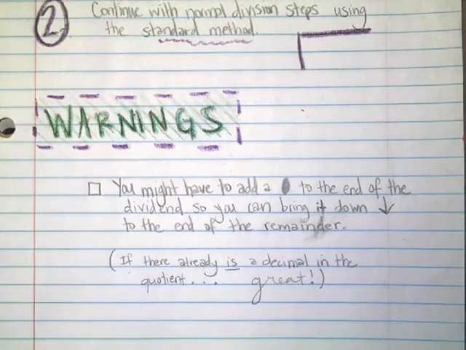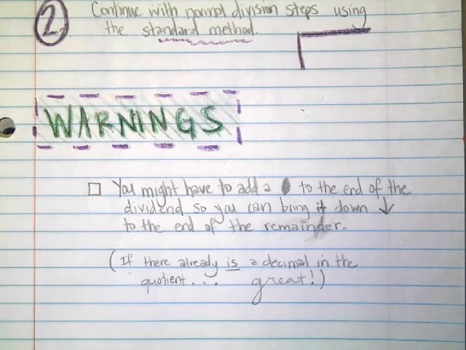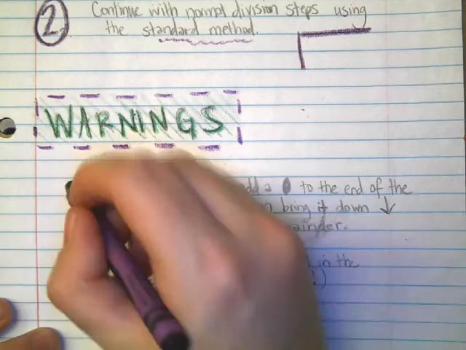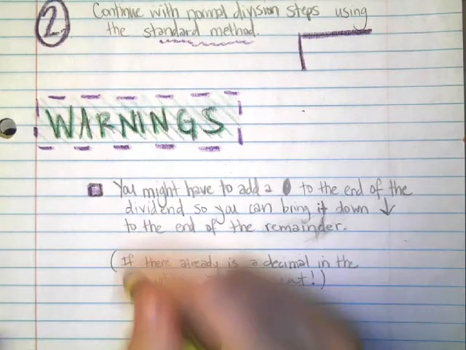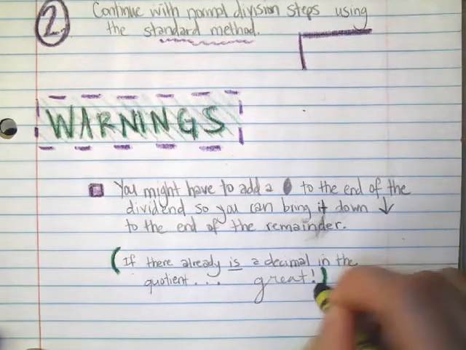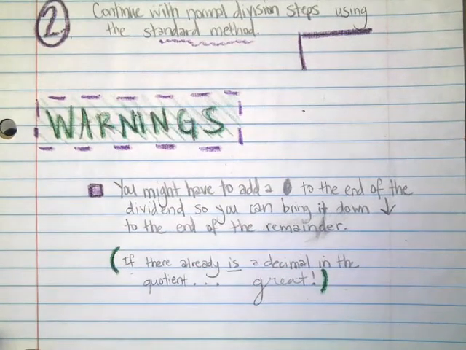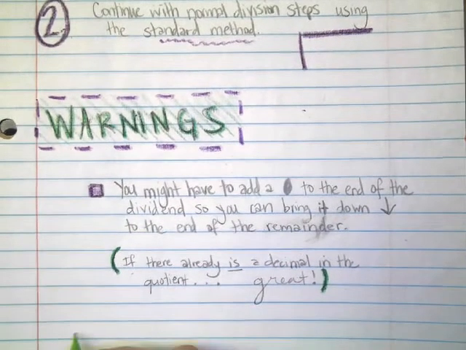You don't need to add another decimal. The numbers that we're dealing with are not going to have more than one decimal. So it says if there already is a decimal in the quotient, great. That is super important. If there already is a decimal in the quotient, it's great. You don't need to do anything else.